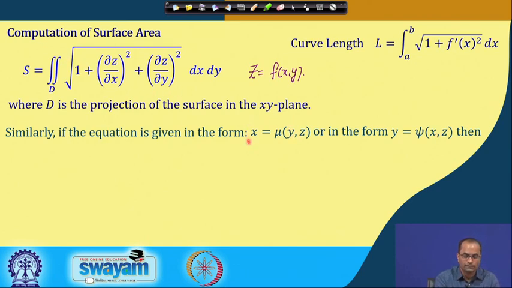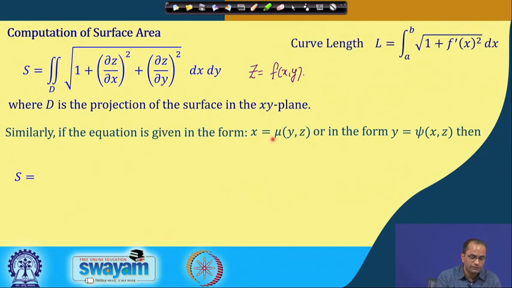So, for x equal to a function of y and z, the partial derivatives with respect to y and z will appear, and the domain will be the projection of the surface in the y z plane. And in the case when the function is given by y equal to psi of x z, the integrand will have the derivatives with respect to x and z, and again the domain of integration will be in the x z plane, where we will be integrating this integrand.